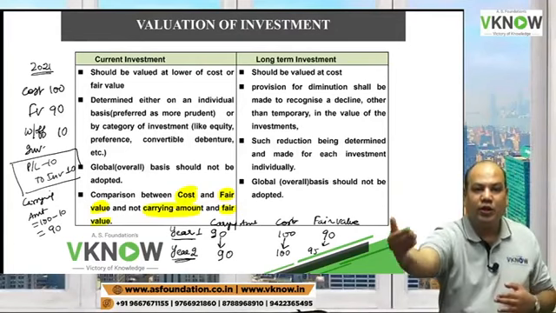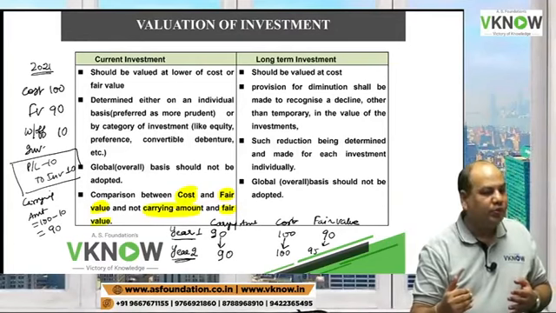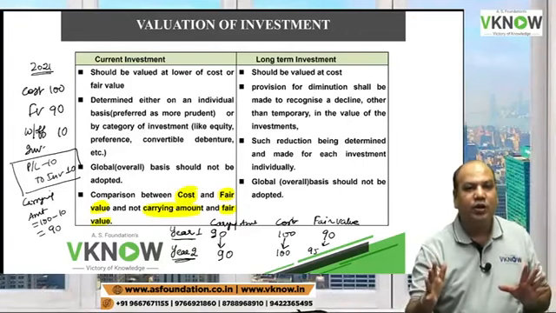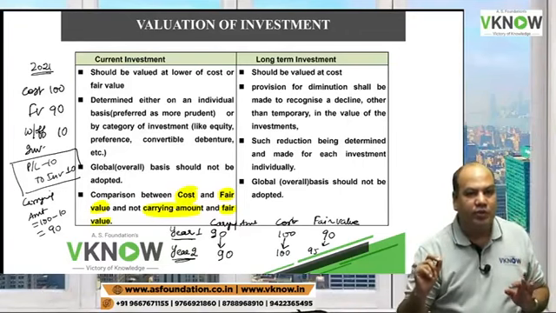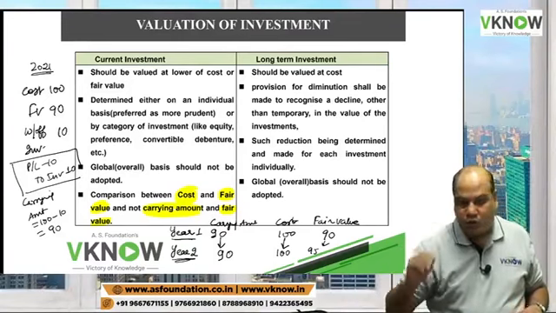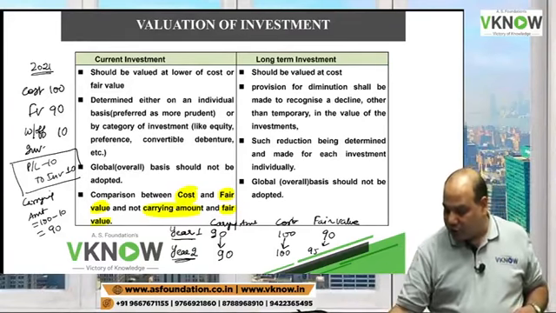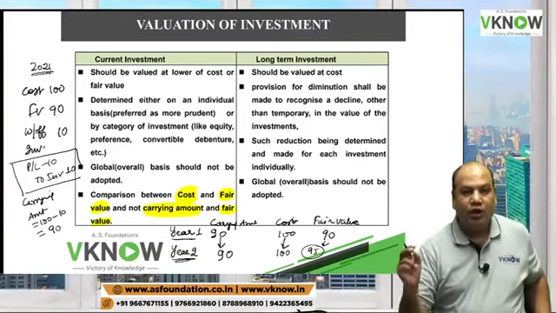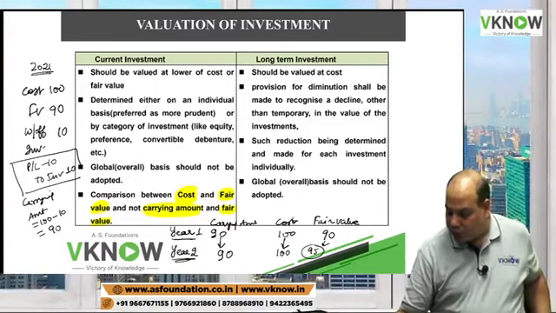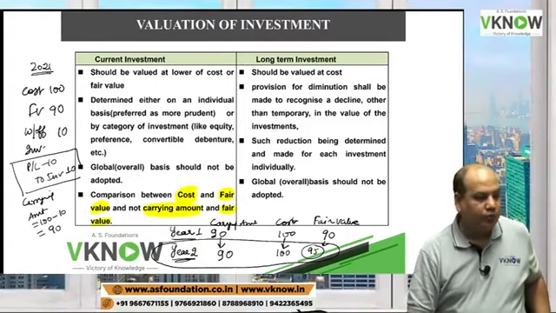Closing balance of last year is the opening balance of this year, 90. Cost will always remain 100 because it was purchased for 100 rupees. But fair value, that is the market value, will change. And now the market value is 95. Can some of you please suggest me what is the accounting treatment in the year 2?